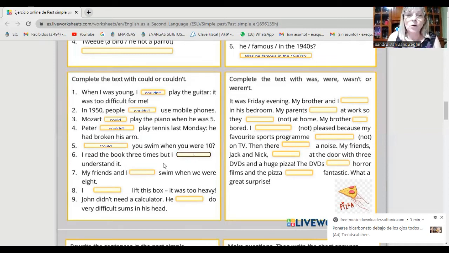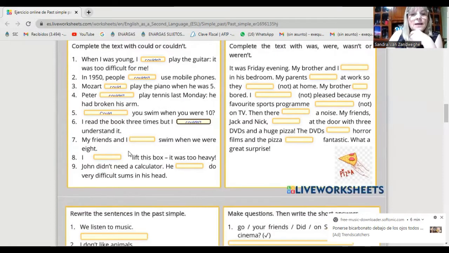I read the book 3 times, pero I could or couldn't. I couldn't. I read it 3 times, so I couldn't understand it. Si se olvidan un apóstrofe, una letra, le va a dar que está mal, después recuerden. My friends and I swim when we were 8. Bueno, esta la vamos a hacer afirmativa. Could, supongo, porque puede ser también. Couldn't.